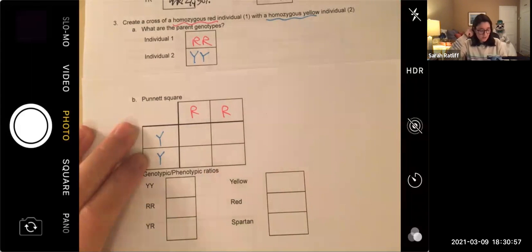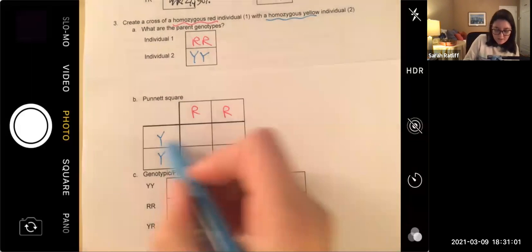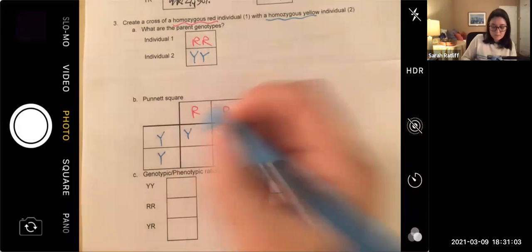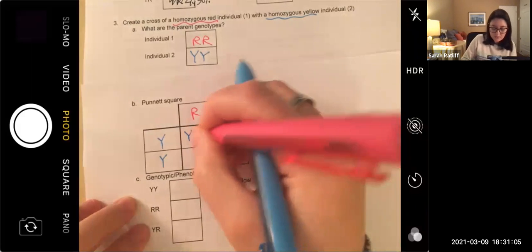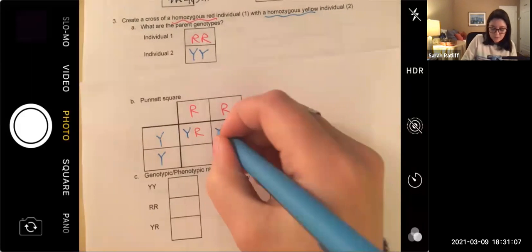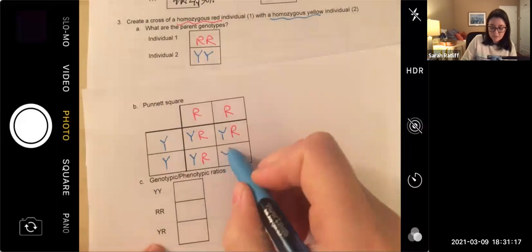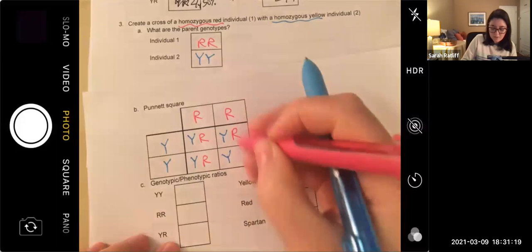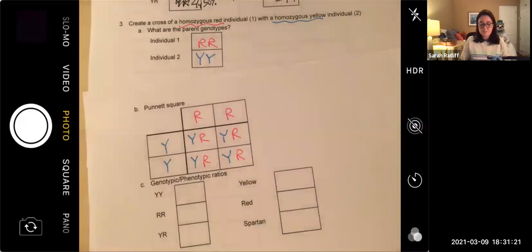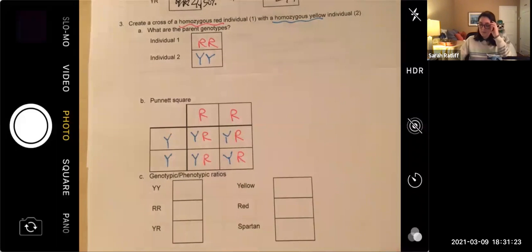All right, so we're going to have a Y from individual 2, an R from individual 1, a Y from individual 2, and an R from individual 1. Over here, a Y from individual 2, an R from individual 1, Y from individual 2, and an R from individual 1. Cool.